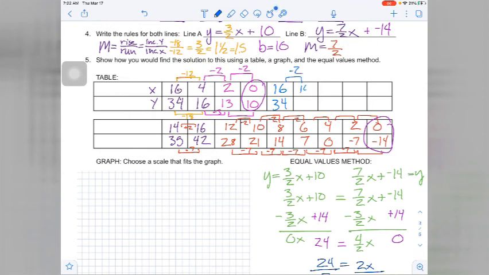If I go down 2, I get to 14, and if I go down 2 more, I get to 12. Then let's see if that happens on the other side. When x goes down 2, y goes down 3. So this would be minus 3, which is 31, and then minus 3 again, which is 28.